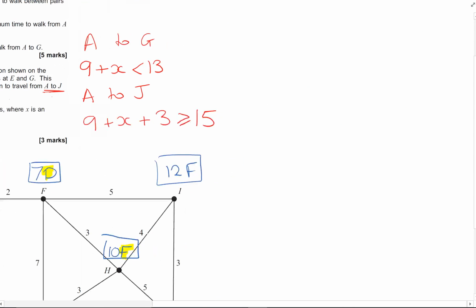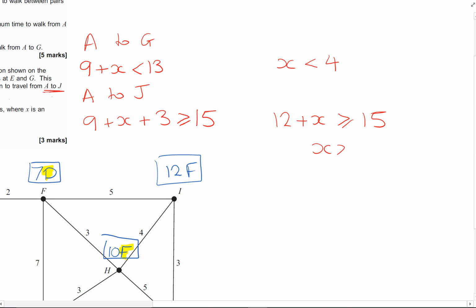So these are the 2 inequalities we've got. If we solve the first one, subtract 9 from both sides, I get X is strictly less than 13 minus 9, which is 4. And from the second one, just tidy that up, I get 12 plus X is greater than or equal to 15.